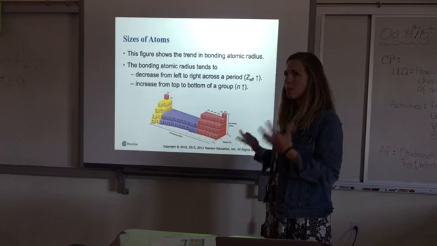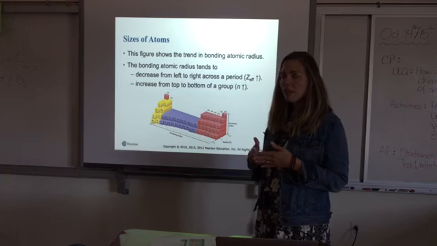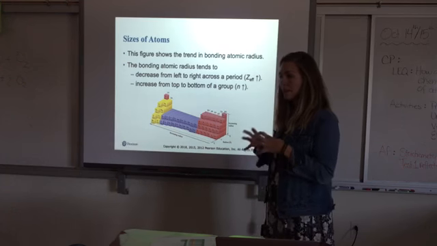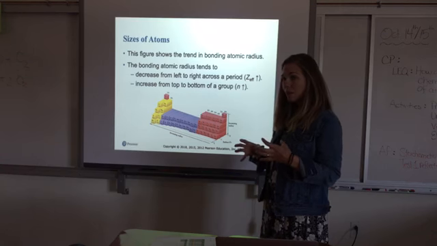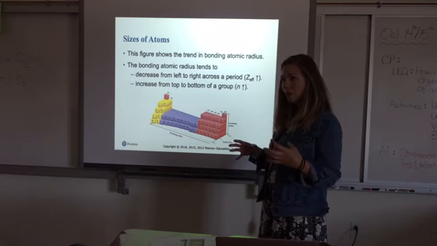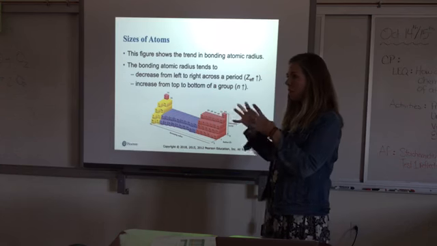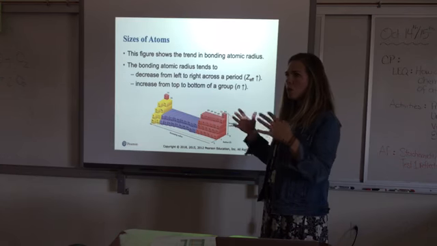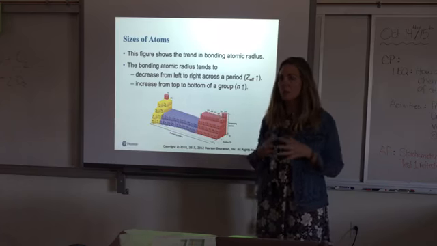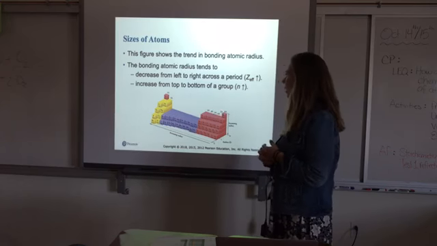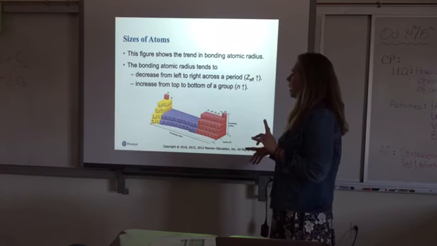For example, among the alkali metals, lithium ends in 2s1, that's the second energy level. Sodium ends in 3s1, that's the third. Potassium 4s1, rubidium 5s1. So you're adding more circles around the nucleus, if you will, and you're getting wider and wider as you go. That makes sense.